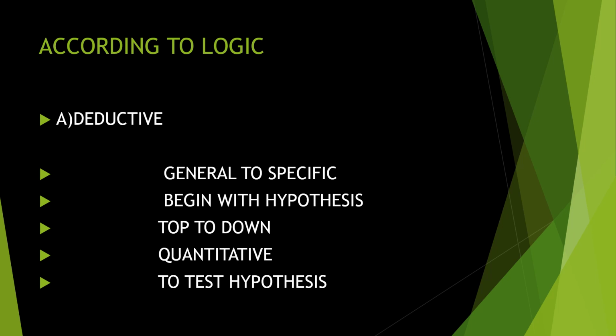We can measure how much it has done to test the hypothesis. So deductive is used to test the hypothesis. Already theory is there. We have to find whether it's right or wrong, and we are finding something new out of it. This is what we are doing in the deductive type of research. So I think you are clear about it. So according to logic, the deductive research is general to specific.